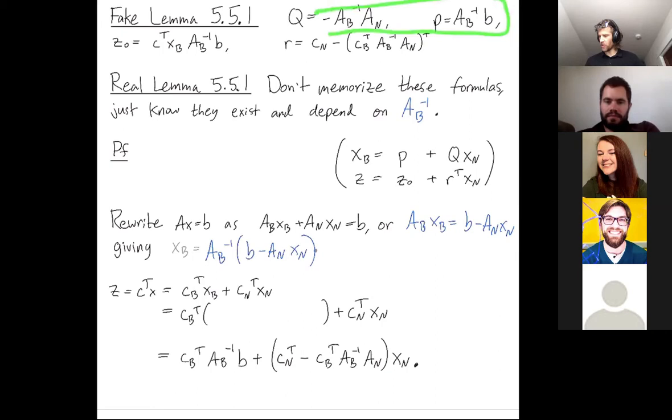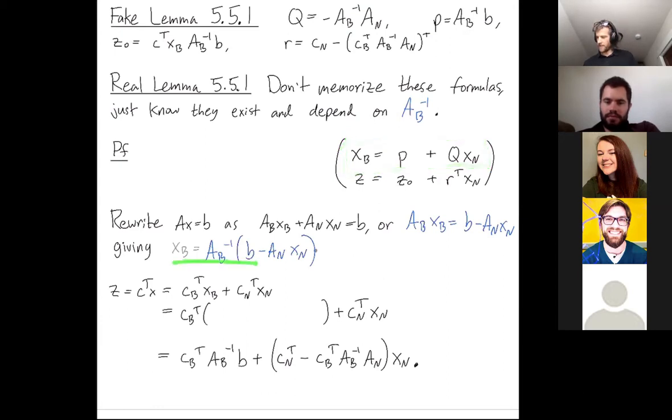We've proven what Q is, and we've proven what P is, okay? And so Q and P appear here. You can write your basic variables x_B in terms of P and Q. P is sort of the constant vector in that equation, and Q is the matrix that you multiply by the non-basic variables, okay?